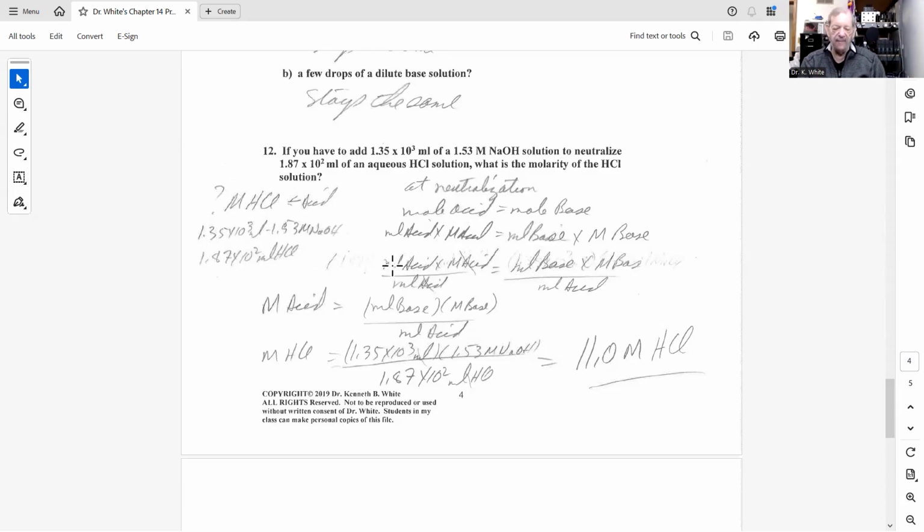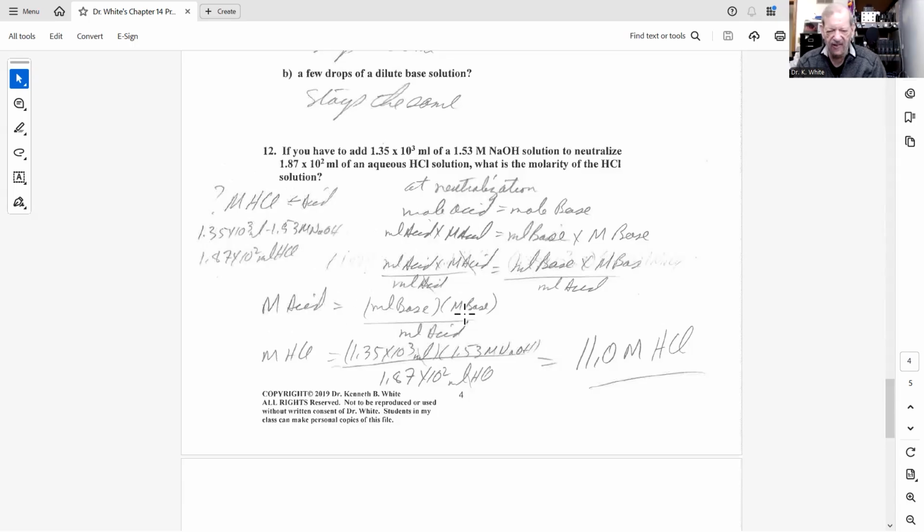How do we get rid of milliliters of HCl? Divide by it. Anything divided by itself becomes the number 1. But whatever we do to one side, we have to do to the other. And I did. This cancels out, and we're left with molarity of acid equals milliliters of base times molarity of base divided by milliliters of acid.